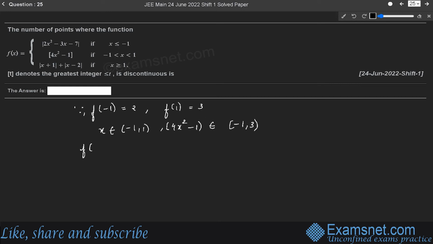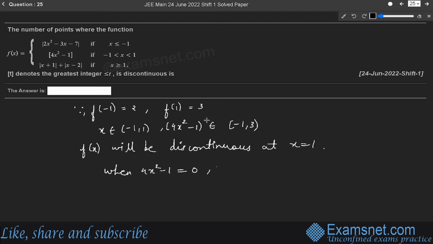Hence we can say that f(x) will be discontinuous at x equal to 1 and also when 4x²-1 is equal to 0, 1 or 2, then x will be equal to ±1/2, ±1/√2 and ±√3/2. So we can say that there are total 7 points of discontinuity. So the correct answer here is 7.